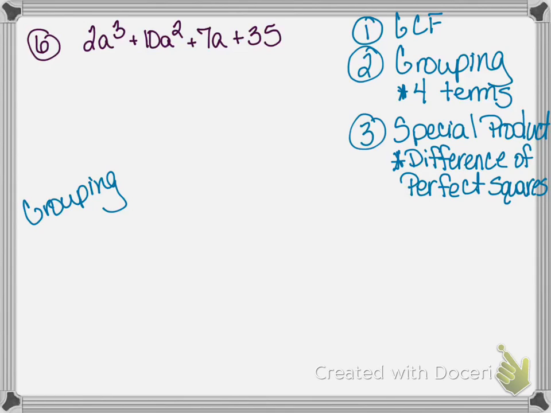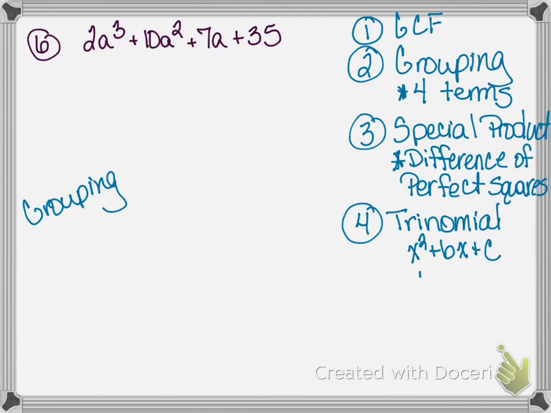But if you don't identify a difference of perfect squares as difference of perfect squares, then you're going to miss it. Okay, so that's the special product that you want to be aware of. Then your fourth type is to factor your trinomial. Okay, and you have x squared plus bx plus c. Okay, that's when c is your product and b is your sum.